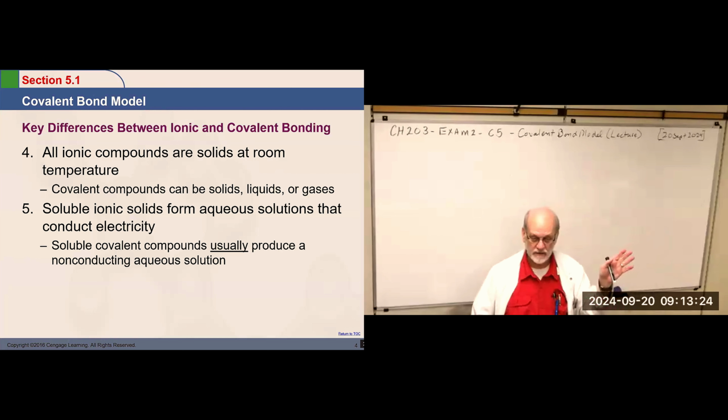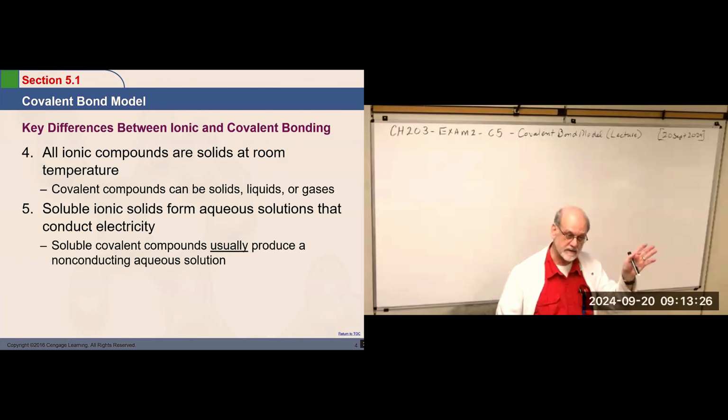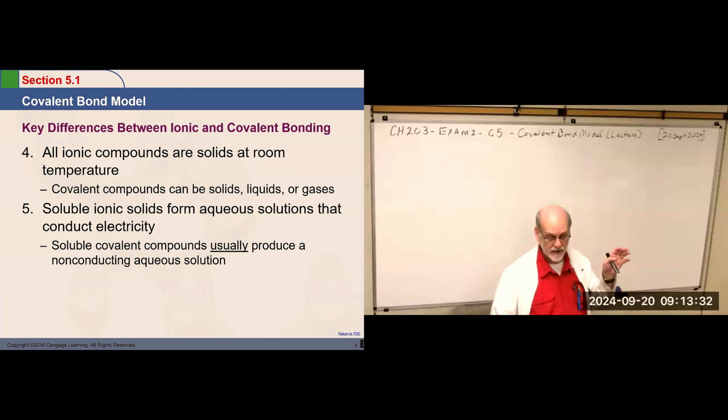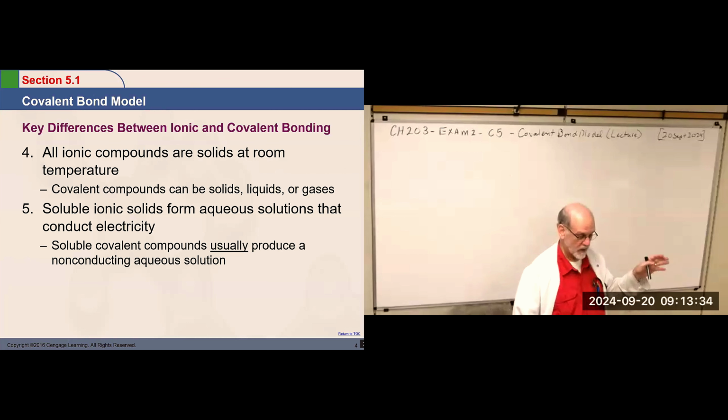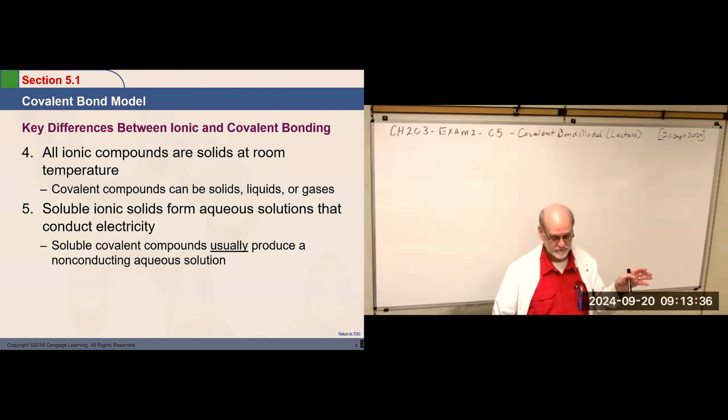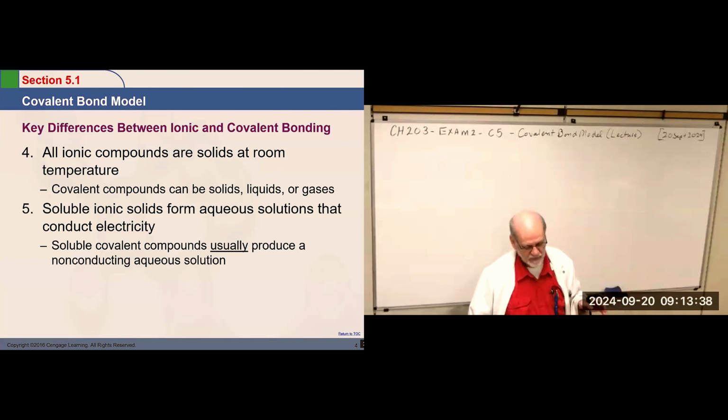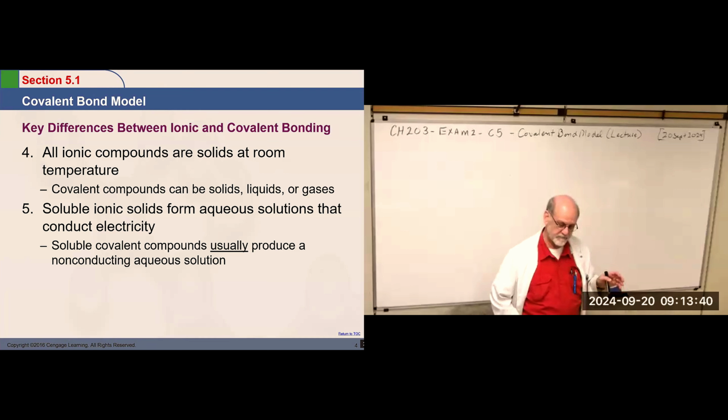And the nonmetals in their atomic state can be solid, liquid, or gas. Same goes for the compounds. Ionic compounds will always be solid at room temperature. There are no exceptions. But covalent compounds can either be liquid, solid, or gas.